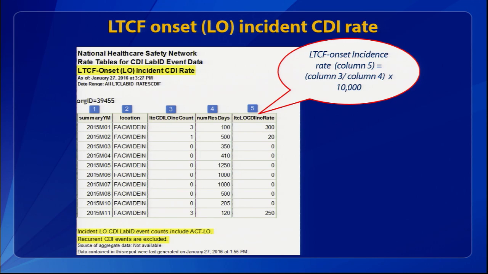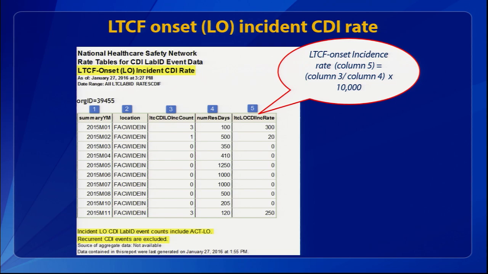Column 5 is the calculated long-term care onset monthly incident rate per 10,000 resident days. We multiplied the long-term care incident rate by 10,000 to standardize the rate so that a facility can compare its rate over time, even though the total resident days in column 4 will change monthly. So you're able to compare your rates for that facility month by month.